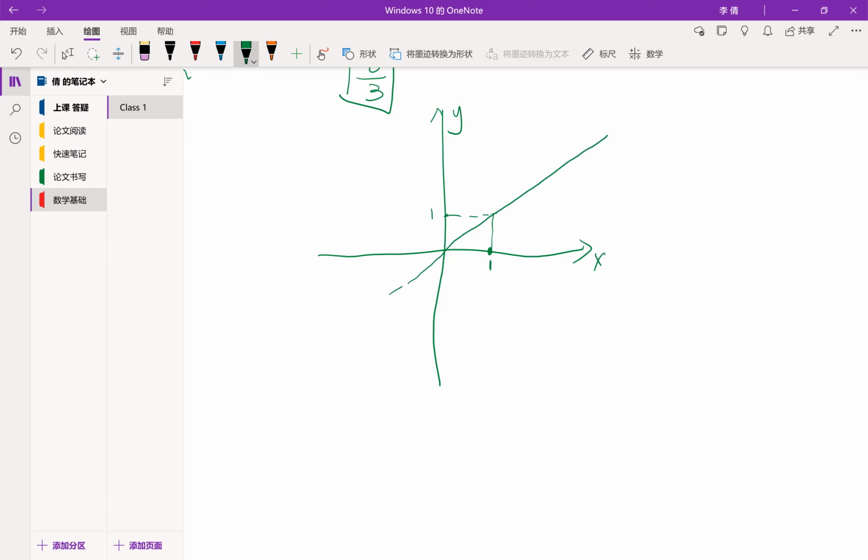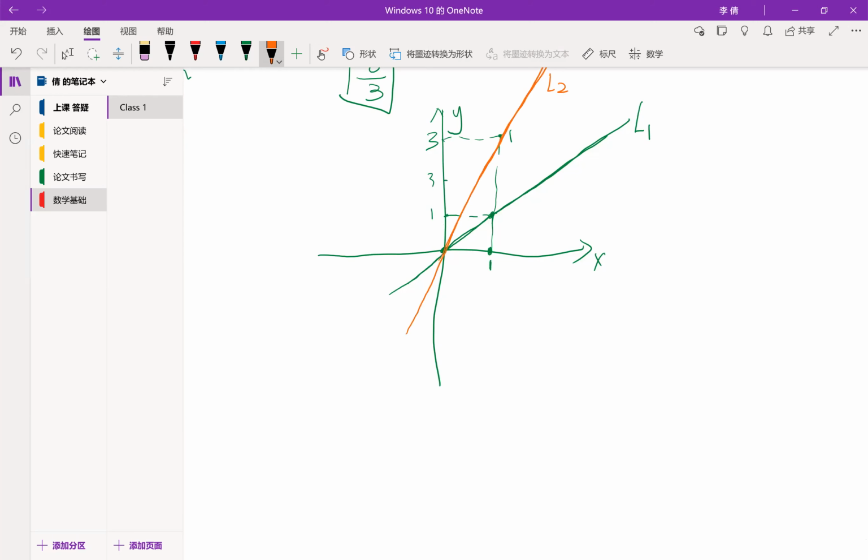This line passes through this point 0 and passes through this point 1, 1, and we say this line is L sub 1. And then there is another line through this 1 and this 3. We say this line is L sub 2.